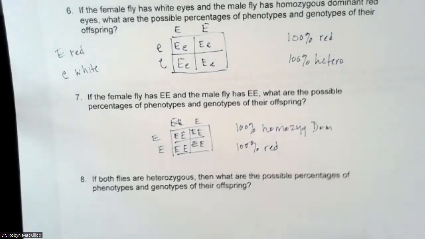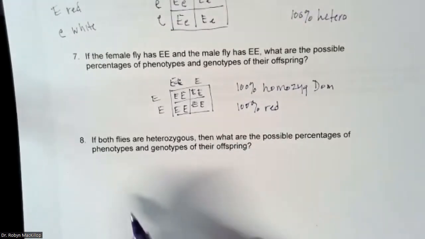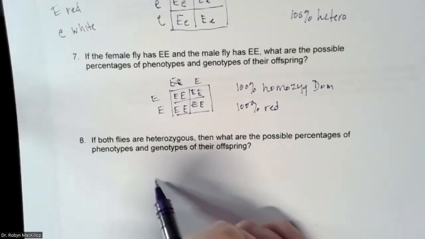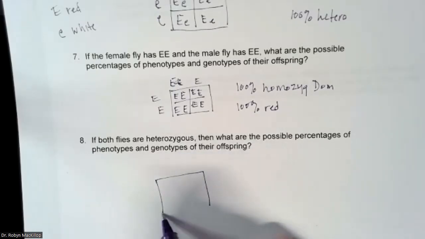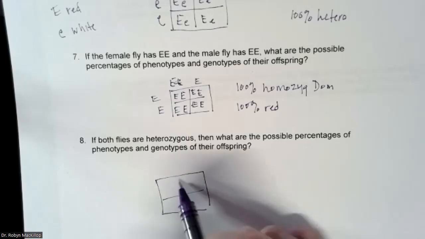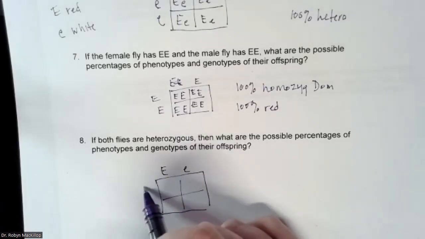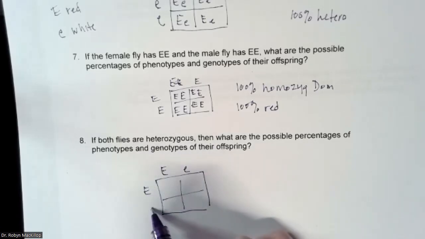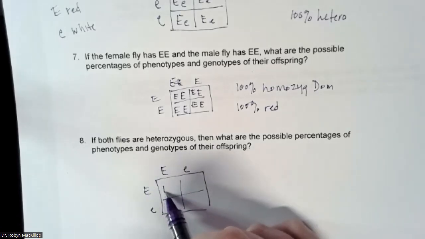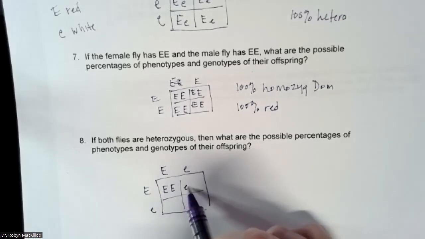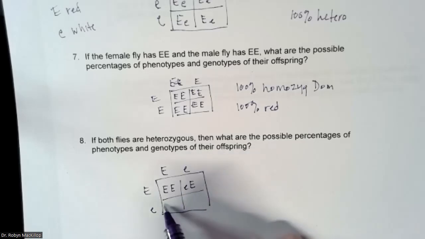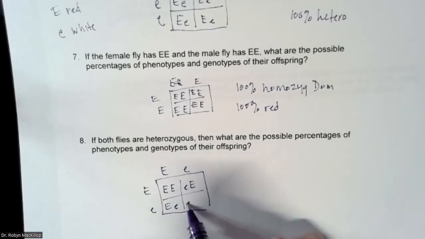All right. And the last one for flies. If both are heterozygous, that means one of each. Big E, little e for the father fly, big E, little e for the mama fly. Then you fill in the kiddos. Little e from dad, big E from mom, big E from dad, little e from mom, little e from dad, little e from mom.